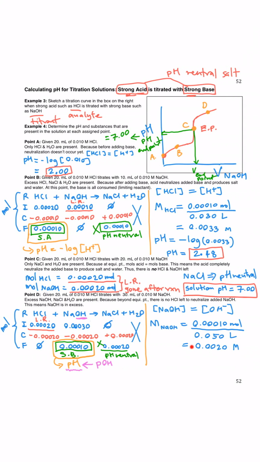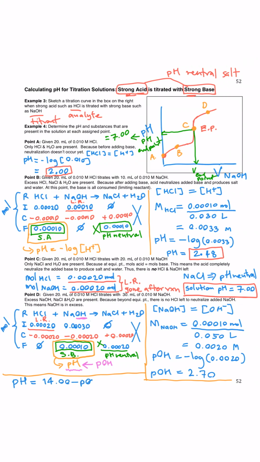So if you take the negative log of this value, you are going to get pOH, not the pH, which comes out equal to 2.70. The problem doesn't give us a specific temperature. Therefore, we're going to assume that this happened at 25 degrees Celsius so that we can use the relationship between pH and pOH, that pH equals 14.00 minus pOH.